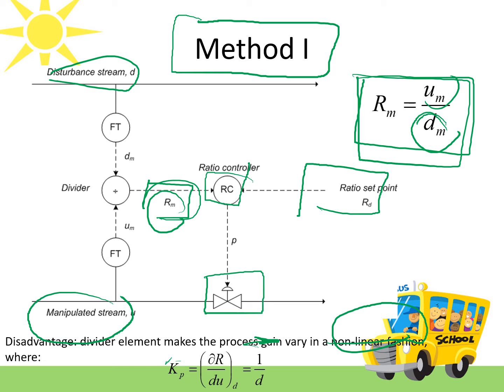Because Kp, your gain, is equal to the change of the ratio over the change of the manipulated variable, which is also the inverse of the disturbance variable. So in order to overcome this disadvantage, method number 2 will be used.